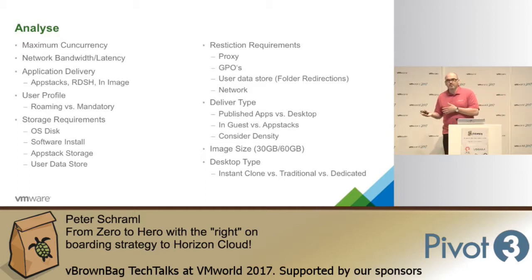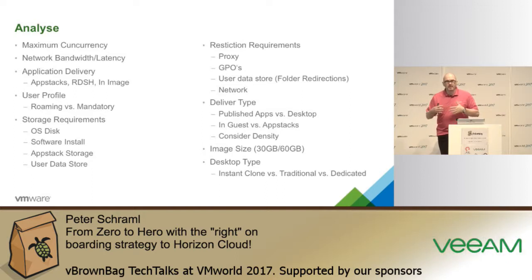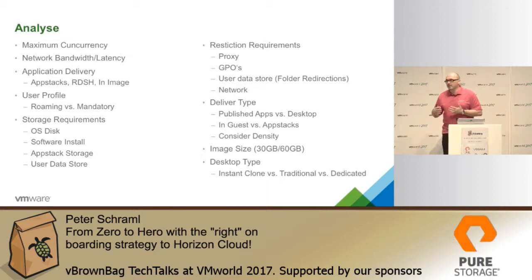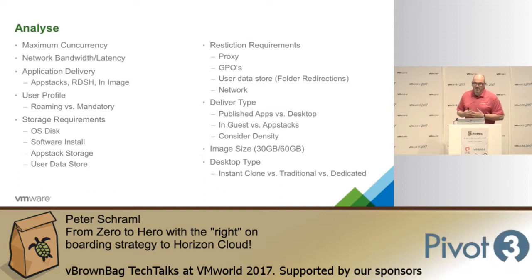With App Volumes in the platform and UEM, you can basically build a persistent desktop with a non-persistent image, which gives you maximum performance in terms of building up a pool and really utilizing the concurrency that you need, because we can build a desktop in less than 10 seconds with instant clone in the platform, so very, very quick.